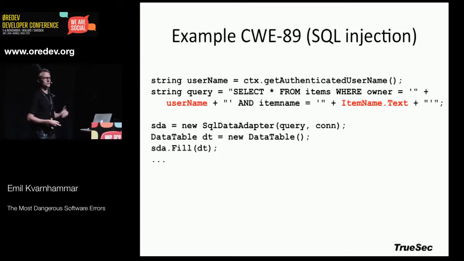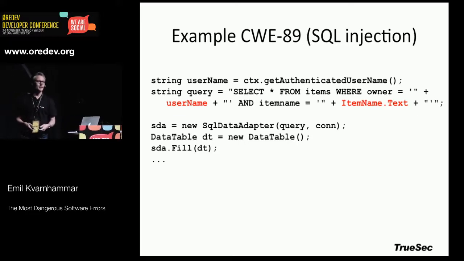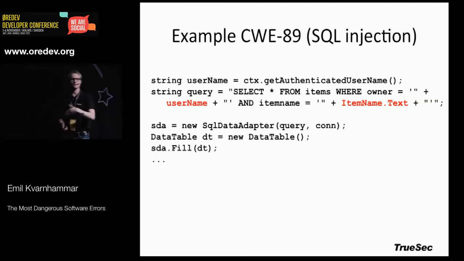So it doesn't have to be user input. It could be input coming from a file or from a database field, for instance. And once that query is being created, it's going to be sent off to some kind of database framework, and the query is going to get executed, of course, and the results are going to be returned.